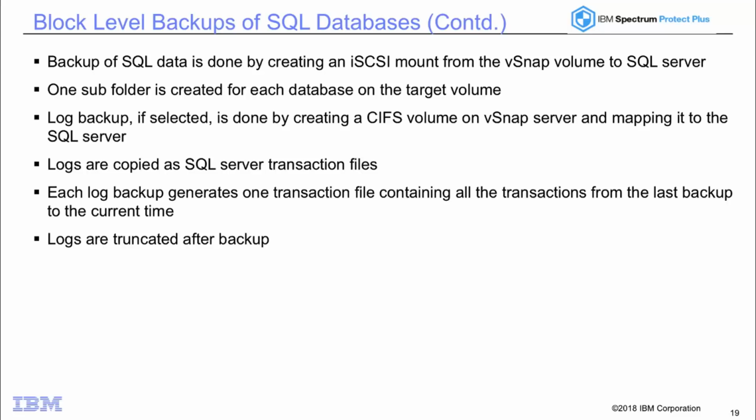The logs are copied to SQL Server transaction files, and each log backup generates one transaction file containing all the transactions from the last backup to the current time. And of course, we're going to go in and truncate the logs after the backup.